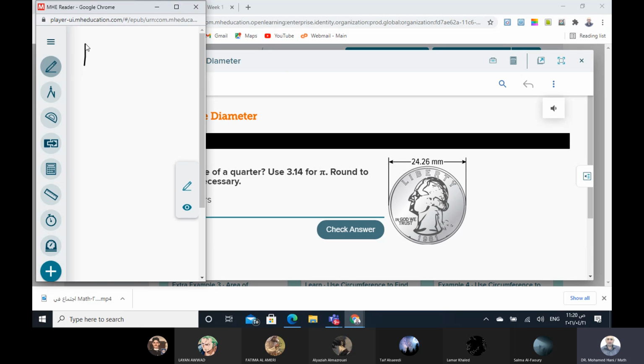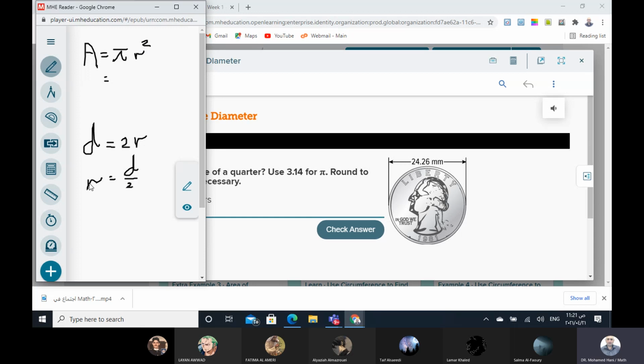We have the formula A equals pi times r squared. If you don't have r, you have d, the diameter. So as you know, d equals 2 times r, which means r equals d divided by 2, or d over 2.